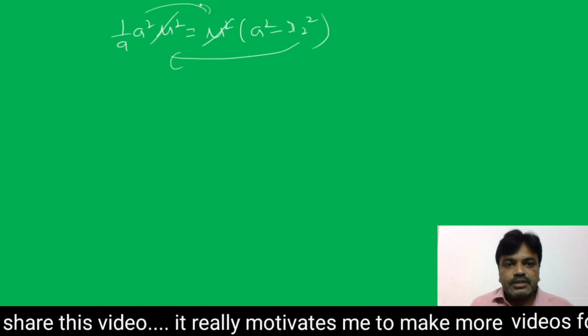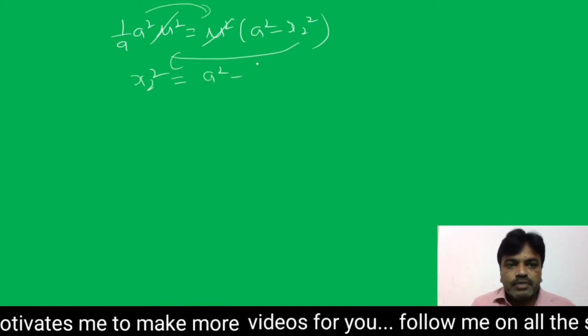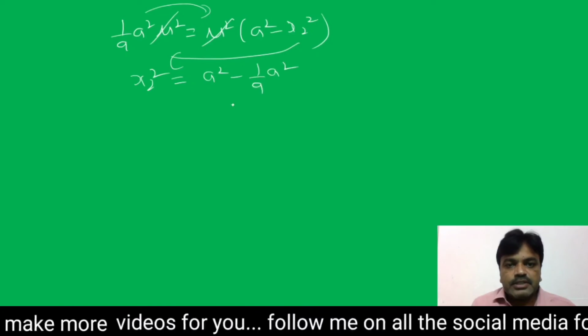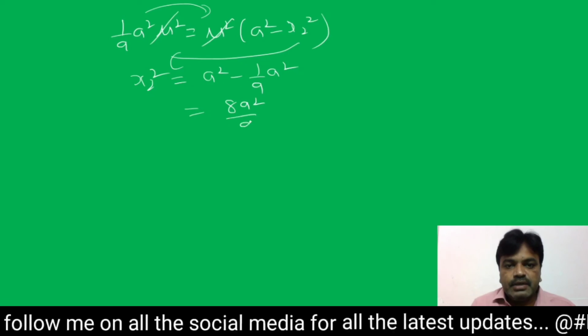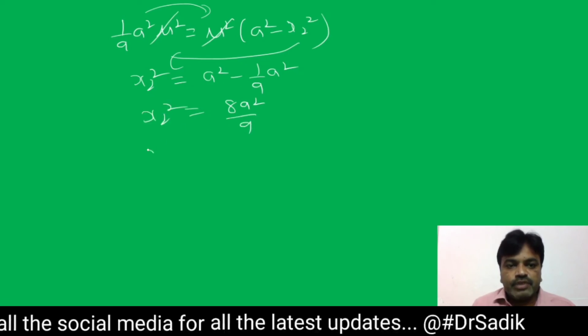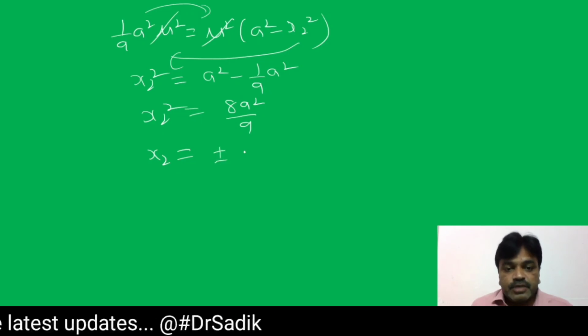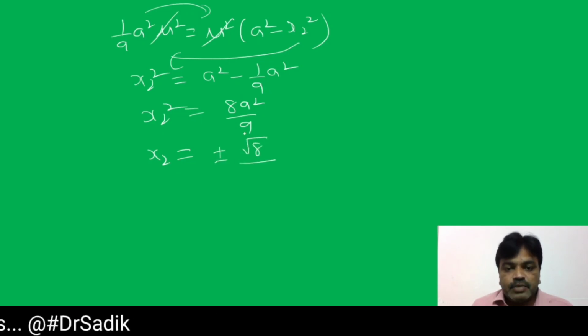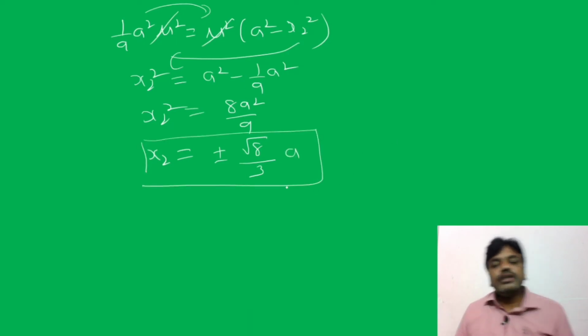By rearranging the terms, x2² = a² − 1/9 a² = 8a²/9. We are finding the x2 distance, so x2 = ±√8/3 a, since the square root of 9 is 3 and the square root of a² is a. This is the distance, friends.